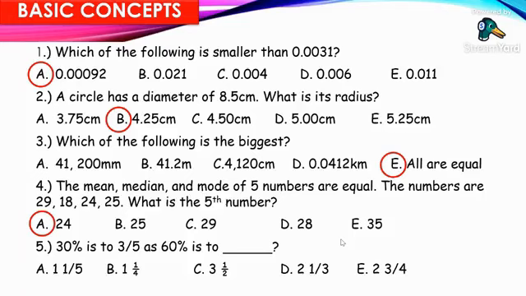Sir Solyil also answered letter A. Sir Gonzalez Michael also answered letter A. That's 1 and 1/5. Okay, let's reveal the answer. Sir RJ also answered letter A. Ma'am Jane A. Yvonne, letter A.